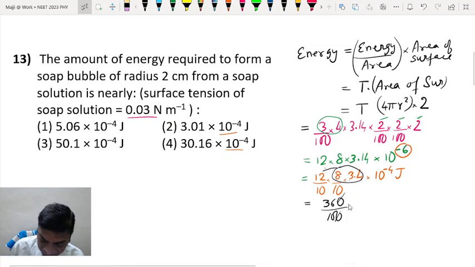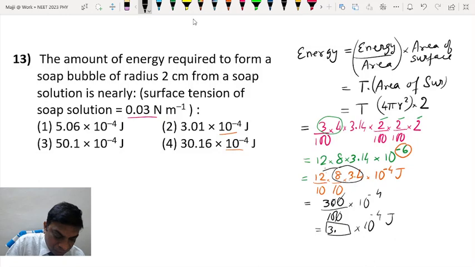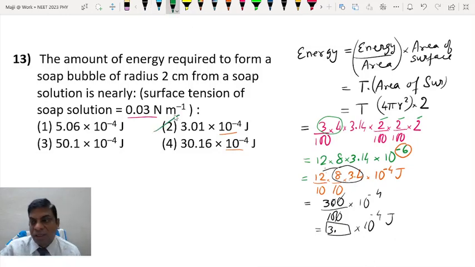So 0 gets cancelled. So approximately this is around 3 point something into 10 to the power minus 4 joule. So this is the first option. First option is the correct answer.